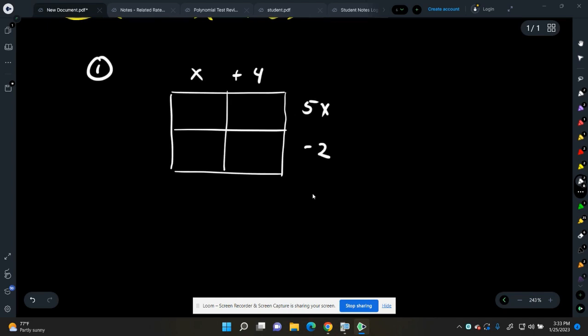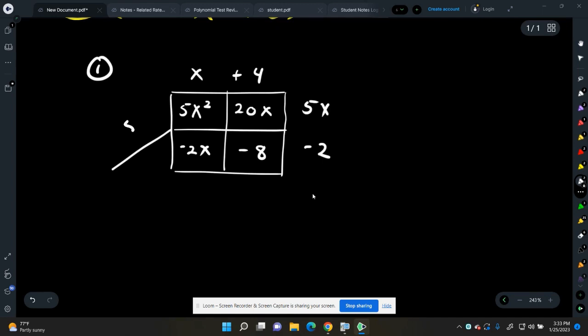All right, x times 5x, 5x squared. X times negative 2, negative 2x. 4 times 5x is 20x. 4 times negative 2 is negative 8.